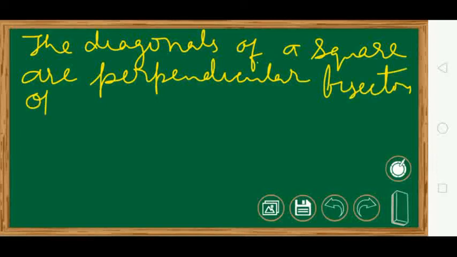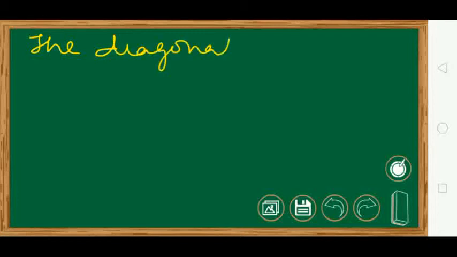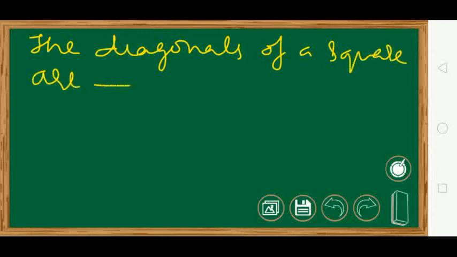Bisectors of each other. Now here you see, what you have: the diagonals of a square are perpendicular bisectors of each other.